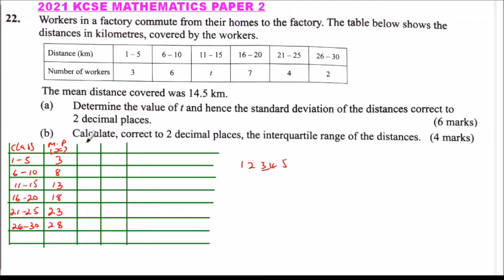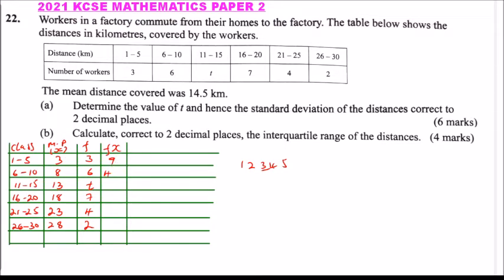Then we have the frequency. We have been given the frequency. We start with 3. We go to 6. We have t. We have 7. We have 4. Then we have 2. We have fx. For fx, we multiply this. 3 times 3, we get 9.